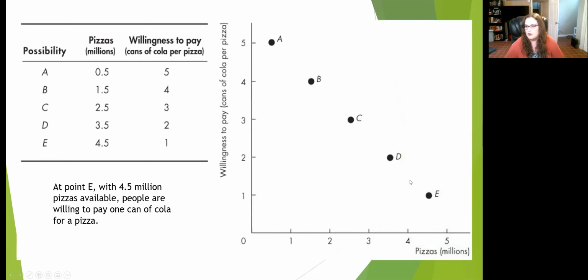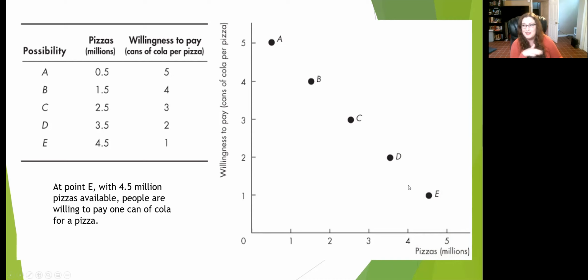And we keep going down, and we keep going down because by the time we get to, let's say, about 4 million pizzas, I'm definitely full. I really don't want much more. My soda stocks, they're just depleting, right? Because if we're at 4 million pizzas, remember we had that trade-off in between what we could actually produce.